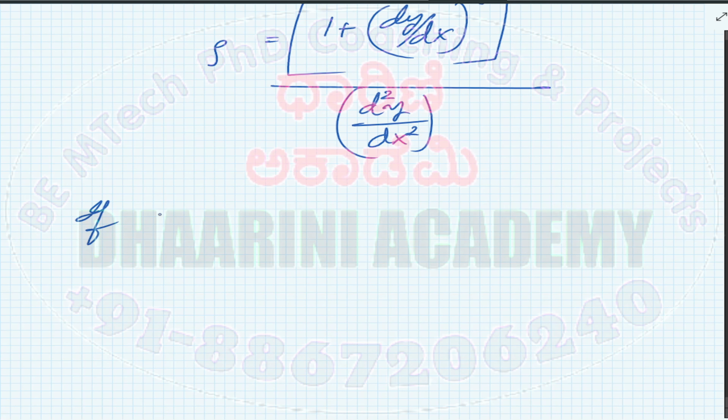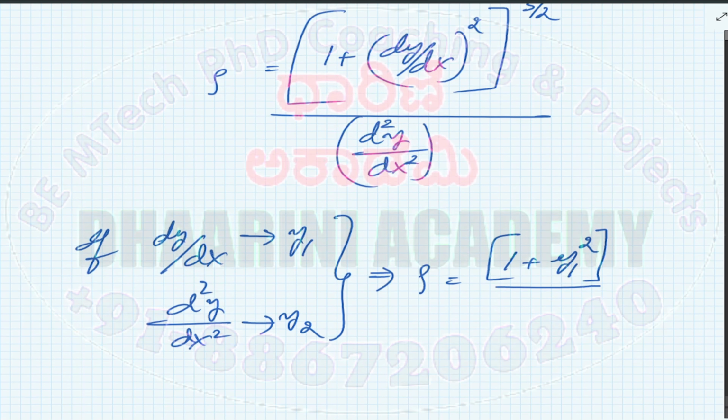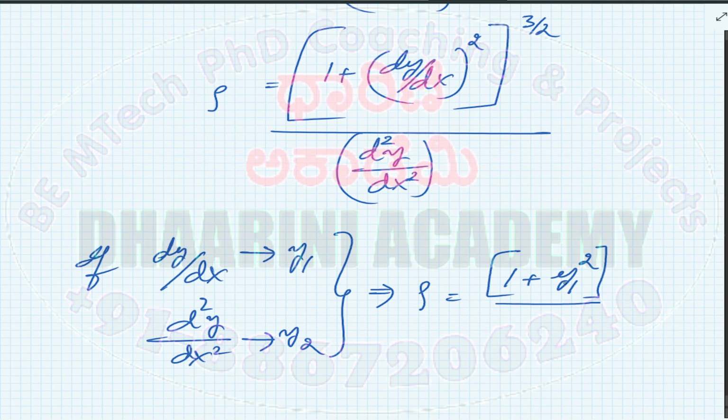If you call dy by dx as y1, the first differentiation, and d square y by dx square as y2, then rho can be written as 1 plus y1 square, whole power 3 by 2, divided by y2. Y1 is dy by dx, so dy by dx square is y1 square, and d square y by dx square is simply y2.